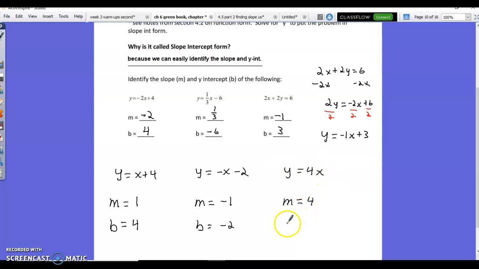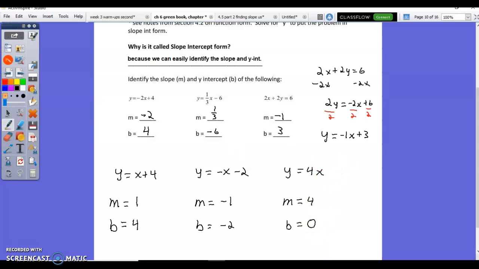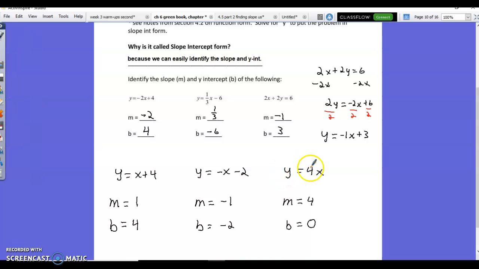So our m is 4, and our b, there's no b there, so we think of it as 0. If we're thinking of it in terms of y equals mx plus b, it's y equals mx plus 0. There's nothing there, so that's how we would identify our y-intercept. If you don't see it there, we just call it 0.